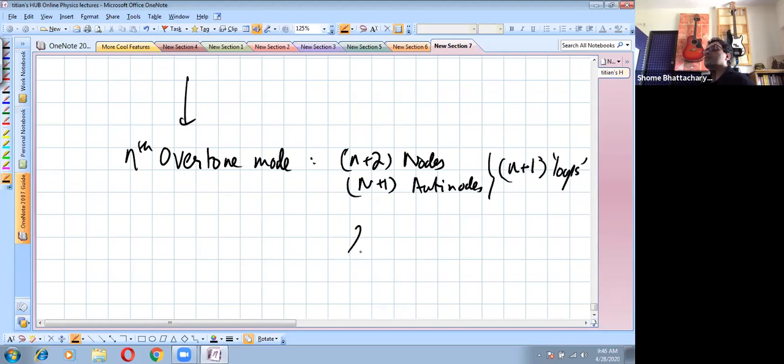So this L becomes n plus 1 times lambda by 2.